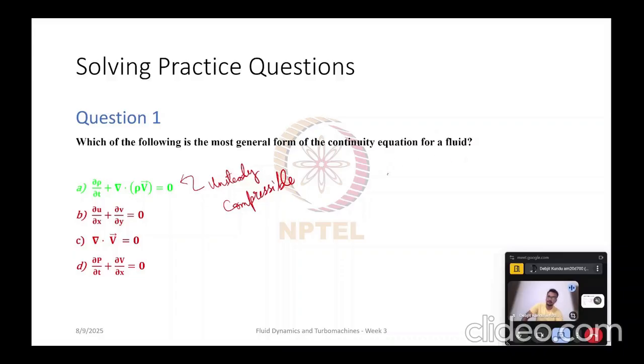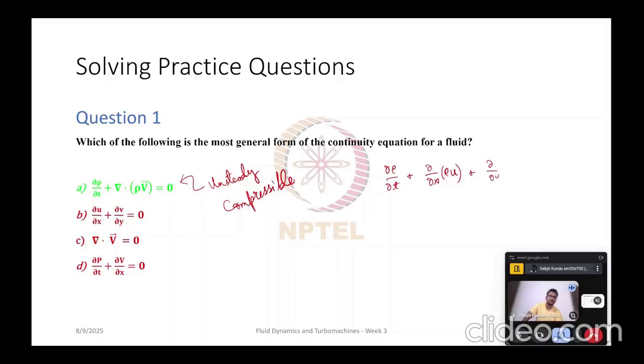So this is the vector notation of this equation. If we expand it out and write in the scalar form, then this simply becomes dou x of rho u, where u, v, w are the three components of velocity in the x, y, and z coordinates.